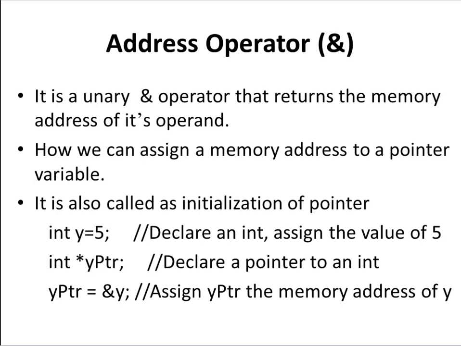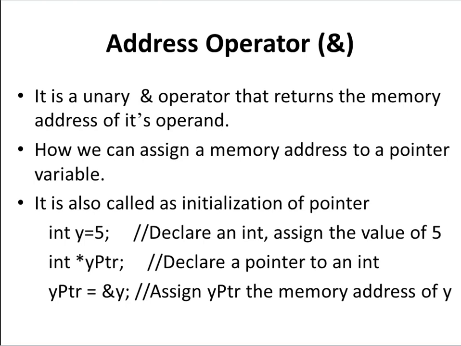Here y is an integer type of variable and it is initialized with 5. int *yptr: yptr is a pointer of integer type. yptr = &y. Here &y is the address of variable y, meaning we are assigning the address of variable y to the yptr pointer.